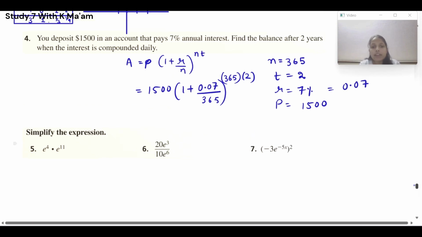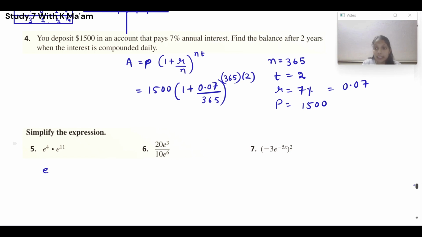Now we have to simplify the expression. If the bases are the same while multiplying, the powers will add. So the 15 cancels. 10 2s are 22. e power 3 minus 6. So 3 minus 6 is -3. I can write 2 over e power 3. A negative power I can shift into the denominator.